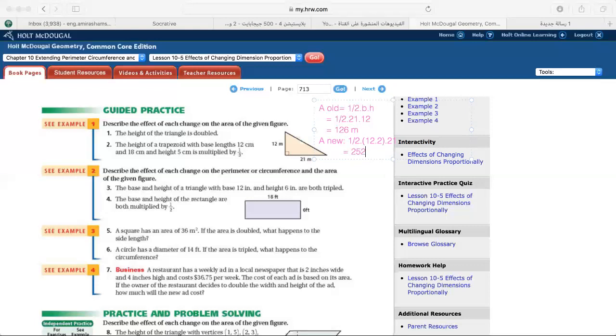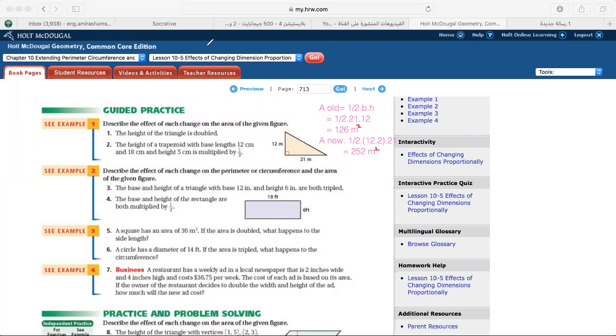As you see, the new area is double the old area. So when I double the height, the area is also doubled. And don't forget to write squared.